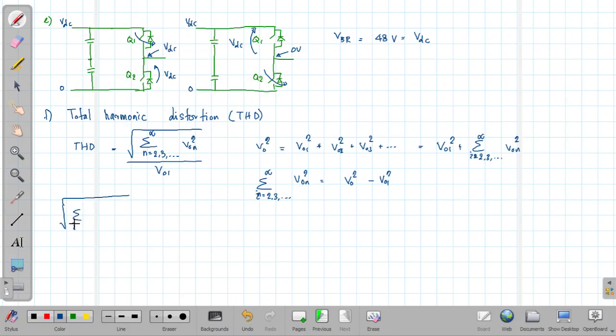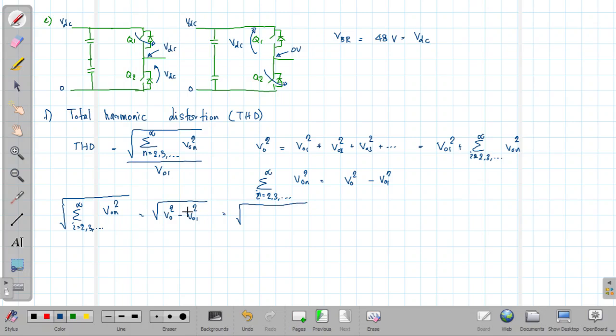So the square root of sigma n going from 2, 3 to infinity of VOn squared is equal to the square root of V out squared minus V out fundamental squared.